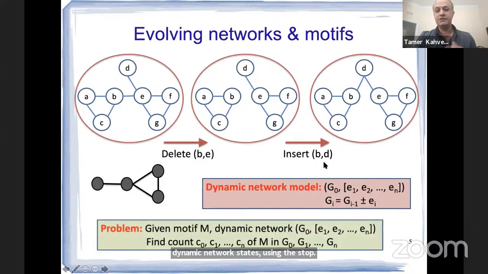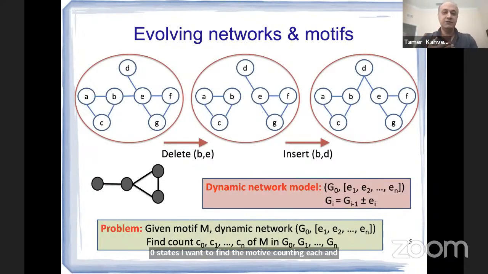Under this definition, I redefine the motif counting problem as follows. Given a motif topology and such an evolving network with n different network states, my problem now is to find the number of times this motif is observed in each of these instances of the evolving network. So if there are 1,000 states, I want to find the motif count in each and every one of those 1,000 states of the network.